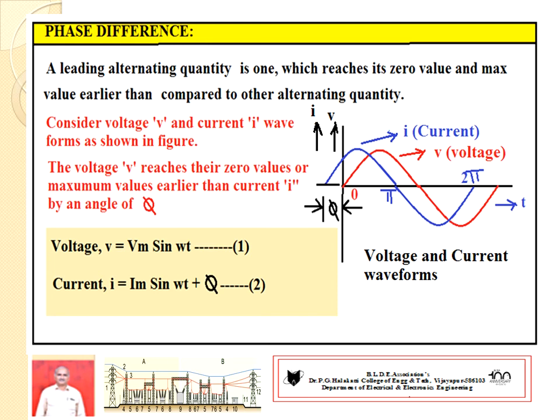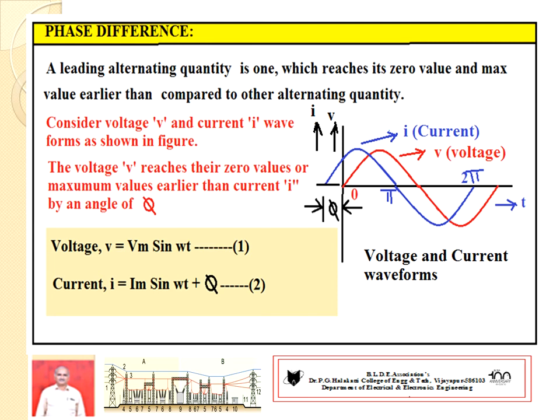Now, again consider voltage V as reference because it starts from 0. Now, current is the second alternating quantity. Clearly observe the waveforms. Current reaches 0 first as compared to voltage. Hence, the current I leads the voltage V by an angle phi.